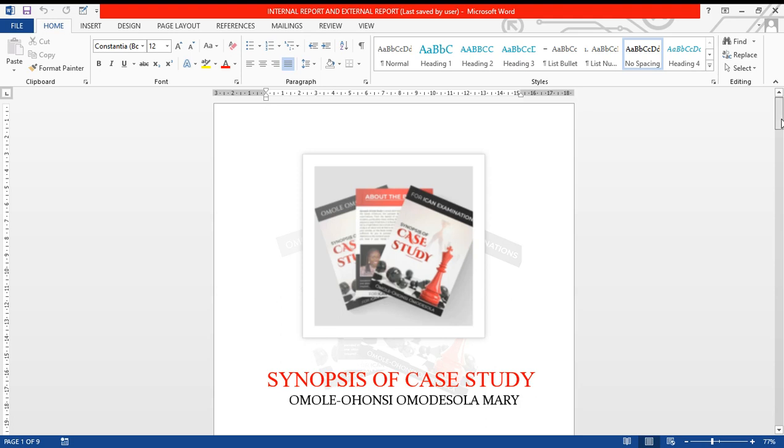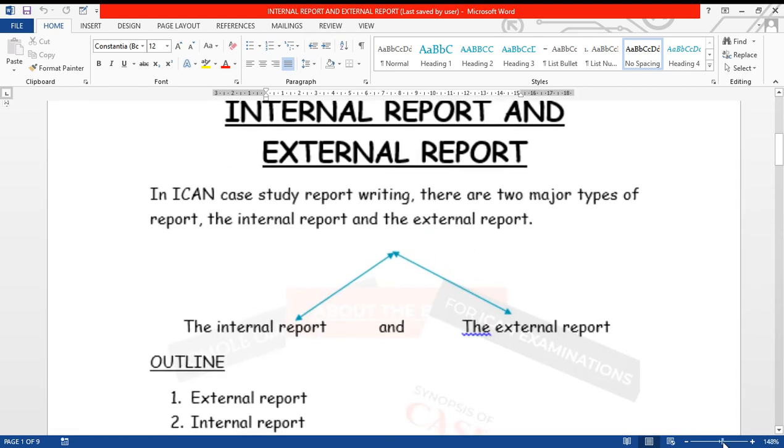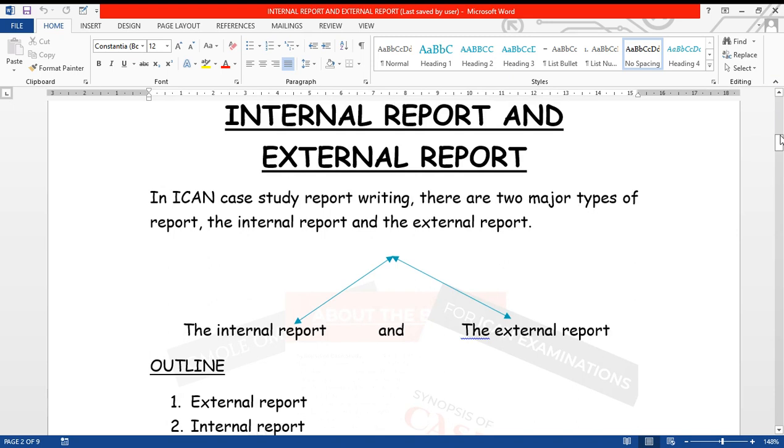So let's go. So basically, internal and external report. So let's increase this so that we can see very well. Good. So in ICAN case study reports writing, there are basically two types of reports. It's either you write an internal report or you write an external report. It's either one of those two.